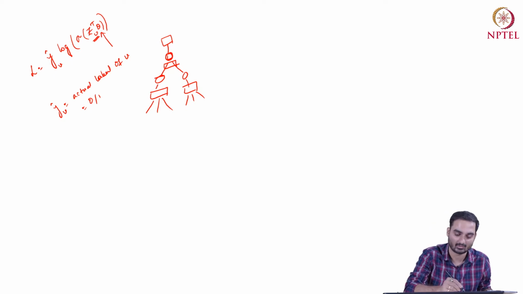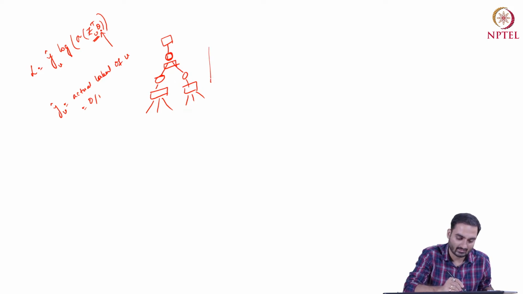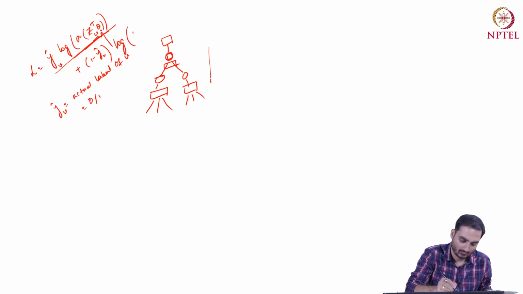Remember, this is not the parameter of the embedding method. Then you pass it through a sigmoid. This is basically logistic regression. Then you have a log loss: y log of sigmoid plus 1 minus y times log of 1 minus sigmoid.